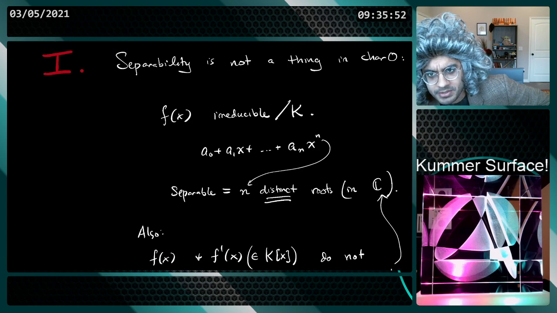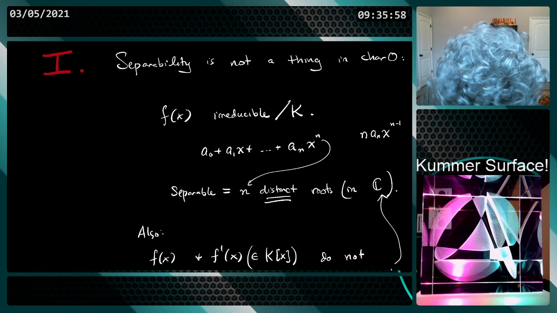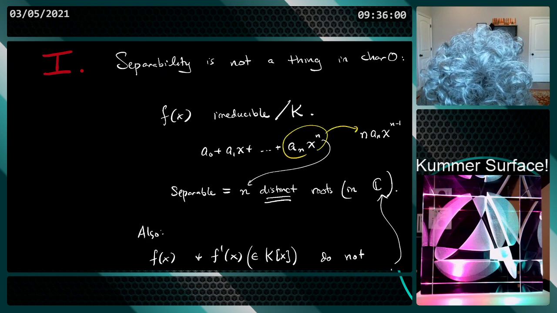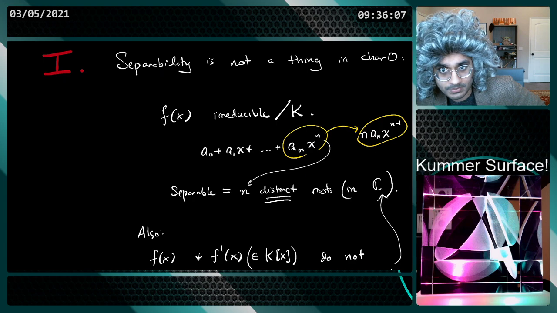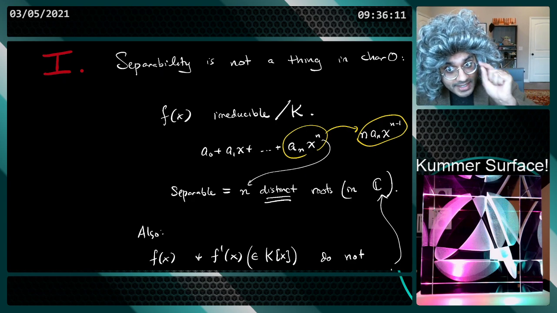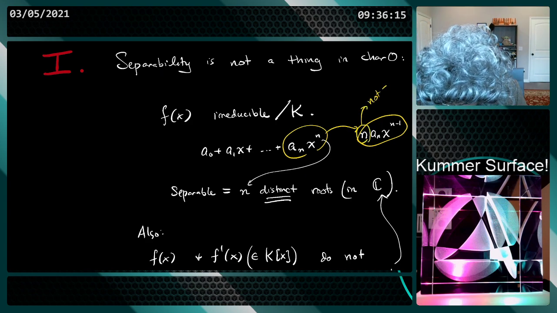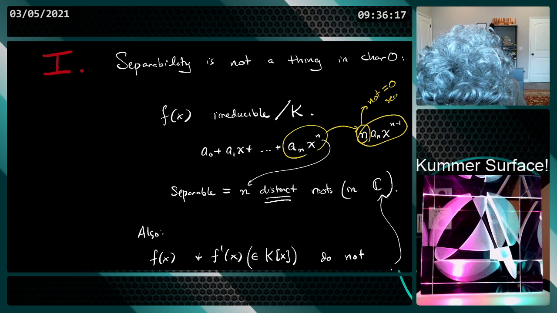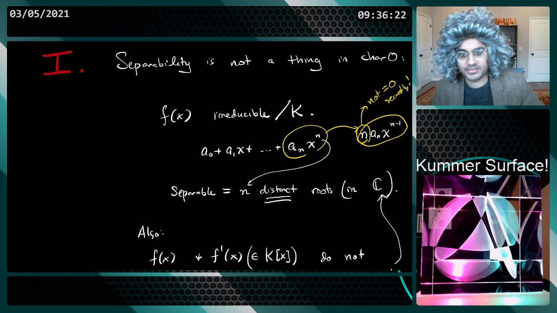Focus on the top coefficient. The power rule turns a sub n x^n into n times a sub n x^(n-1) when you take the derivative. If a sub n was not 0, then n times a sub n will also not be 0. In a characteristic 0 field, n is not secretly 0. That's where it comes in, right there.